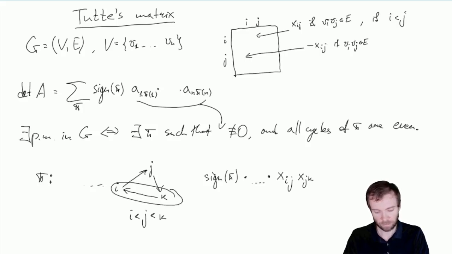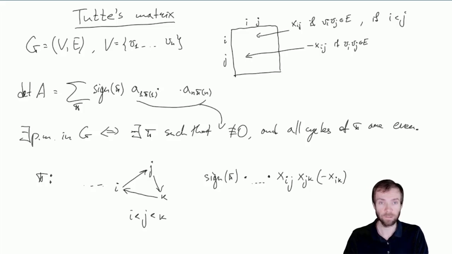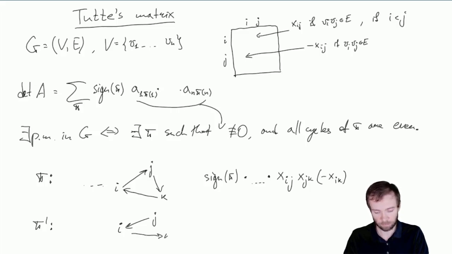And for this arc, as it goes from a larger number to the smaller one, we'll have the corresponding variable minus x_ik. And now, if we take a permutation P prime, which differs from P by just reversing this cycle, so j is mapped to i, i is mapped to k, and k is mapped to j.